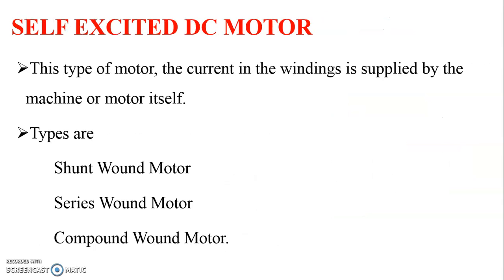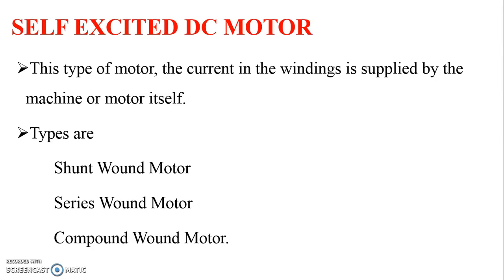So next is the self-excited DC motor. In the self-excited DC motor, the current in the winding is supplied by the machine or motor itself. That's why it is called self-excited. There are three types of self-excited DC motor available.